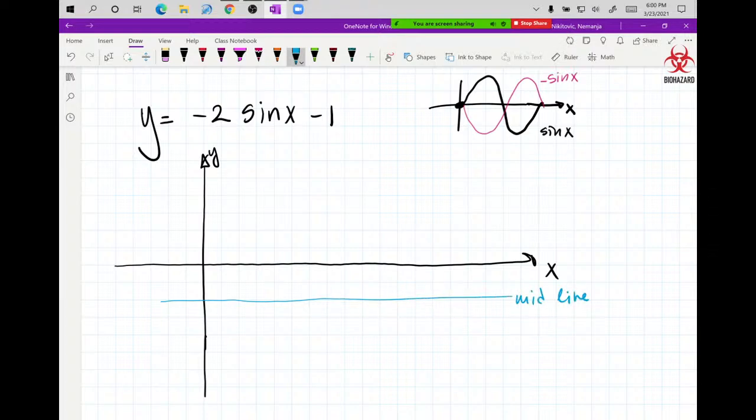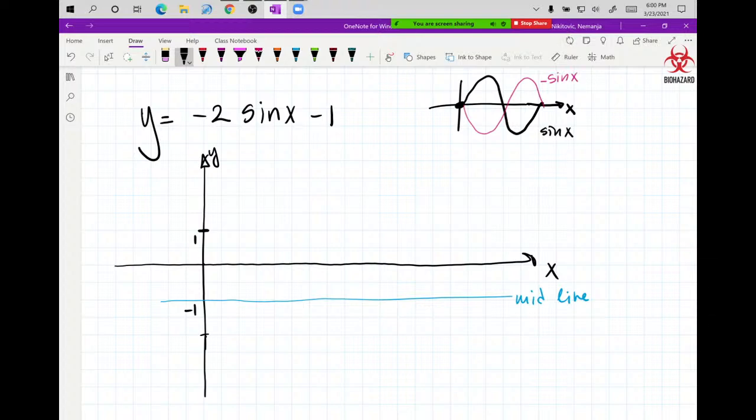And now I need to go 2 units up and 2 units down. Amplitude is always a positive number because amplitude is just the length between a point and the blue line. So lengths are never negative. So yeah, there we have count 2 up, count 2 down, and we have our guidelines. When you start counting from -1, you go 1 at 0 and then 1 on y.